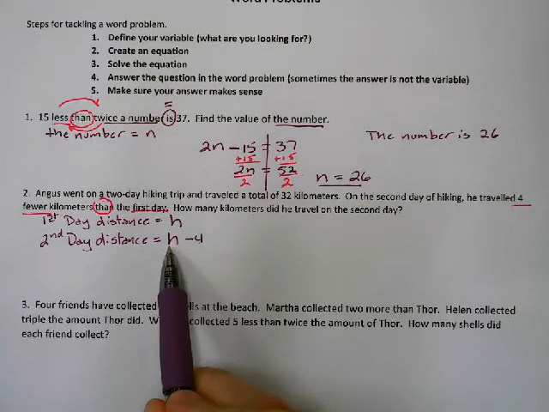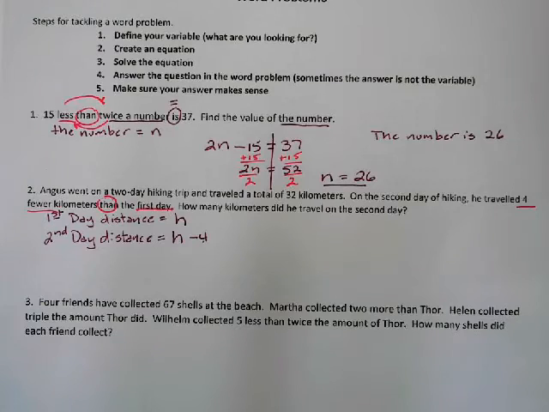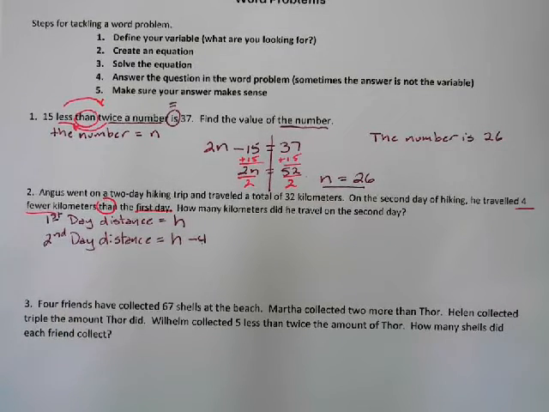So now I have my two variables. Well, not two variables, my two unknowns. I don't know the first day's distance. I don't know the second day's distance. I do know there's a relationship. The second day is based off of the first day. Now, in the 2 days, do I know how far they traveled? Yes, I know they traveled a total.